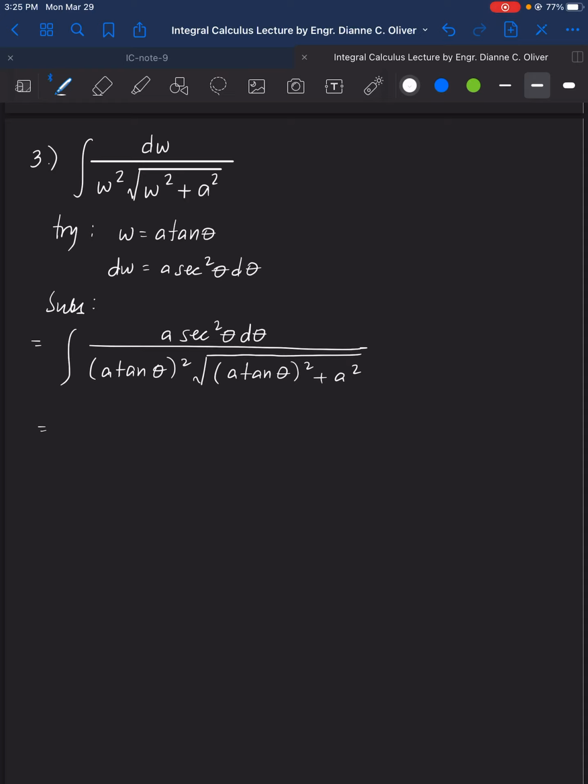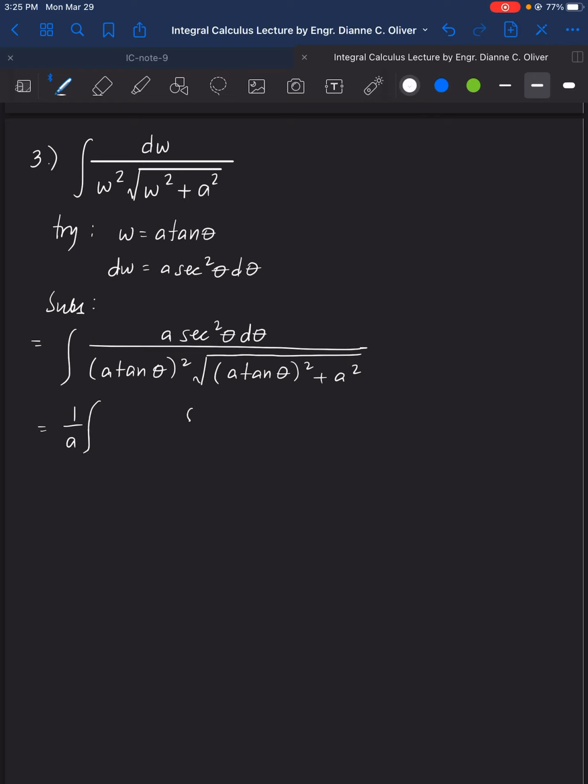Okay, that is equal to... since this is tangent theta squared, the square of a is a squared. If a squared, and then we have a on the numerator, what we have here is 1 over a.